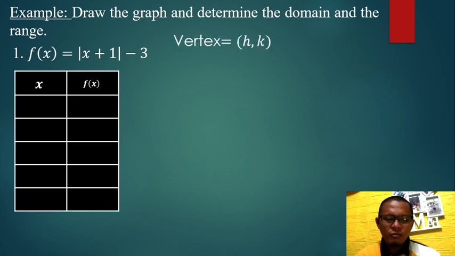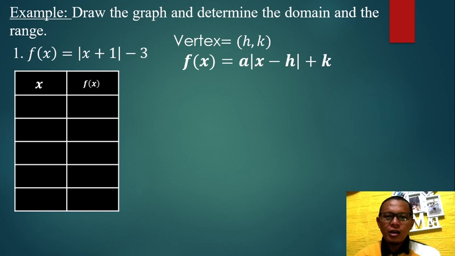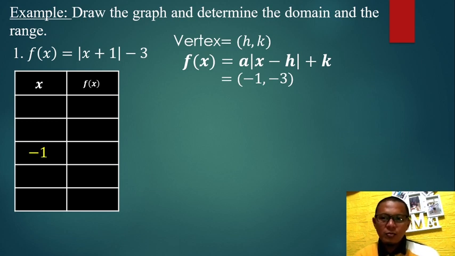The vertex is the h, k found in our formula for the absolute value function, f of x is equal to a multiplied by the absolute value of x minus h plus k. So the vertex in our first example is negative 1 and negative 3. So we have x is negative 1 and the pair of negative 1 is negative 3.